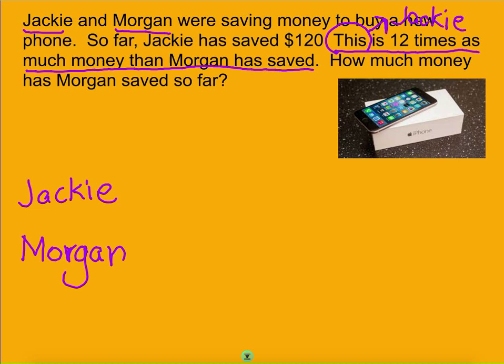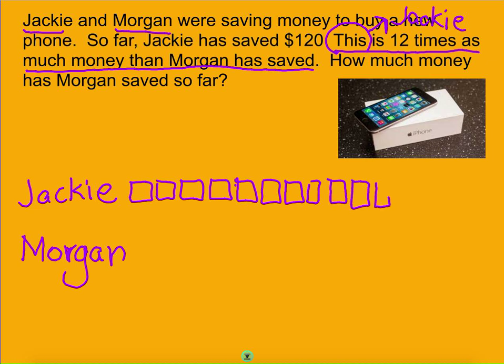So since it says that Jackie is 12 times, Jackie gets 12 bars. 12 times, 12 bars. 4, 5, 6, 7, 8, 9, 10, 11, 12. And that means Morgan is going to get 1 box, all right? So now that this sentence helped me to draw my boxes, I'm done with it. We're going to cross it out.